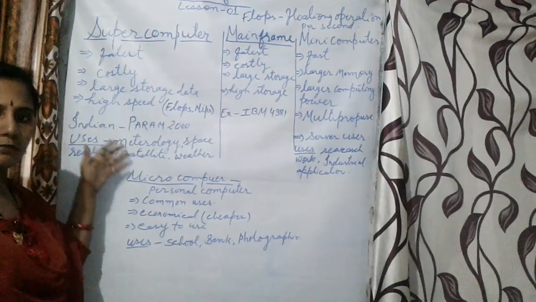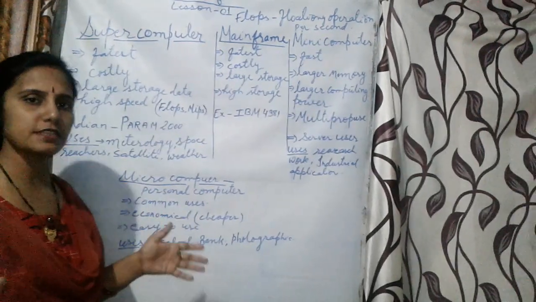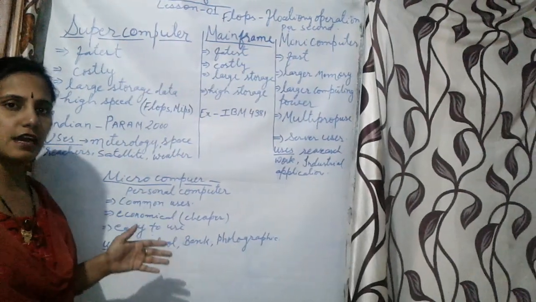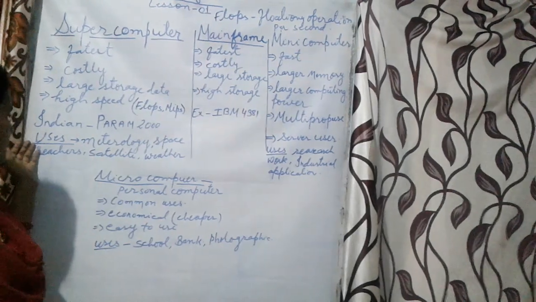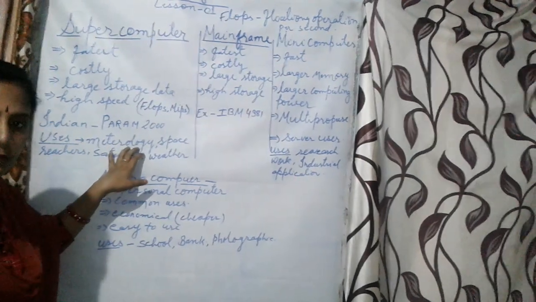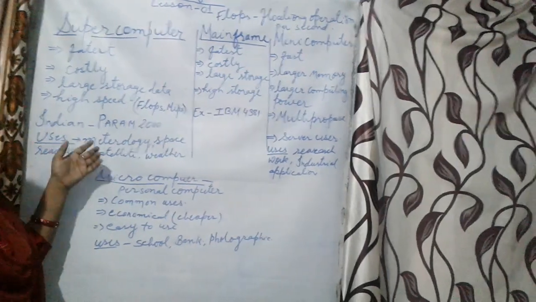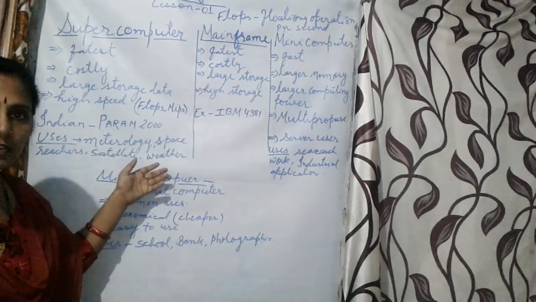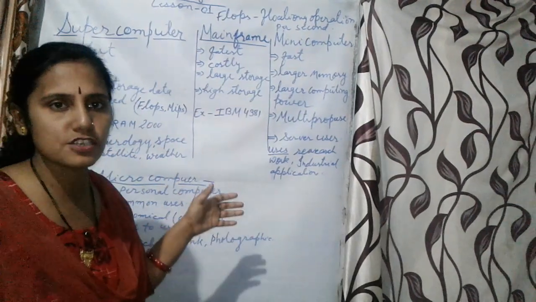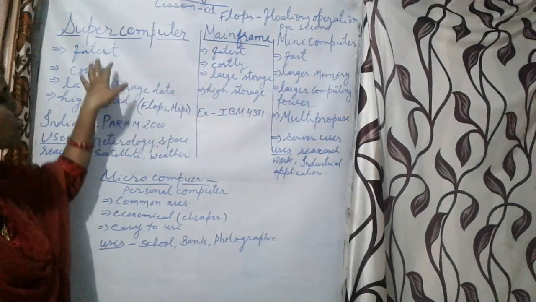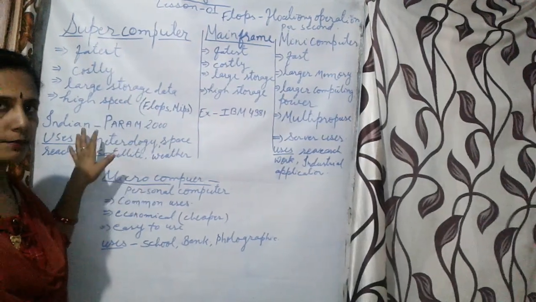Basically, as the name is super, it is used in larger areas, such as the meteorological department, space and research, satellites, and weather forecasting. When scientists need large calculations of numbers, they use a supercomputer. I hope you all have understood.